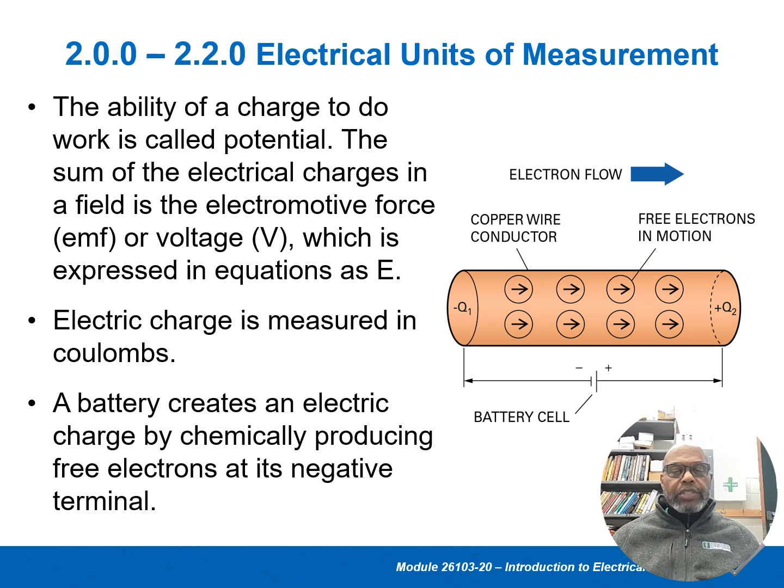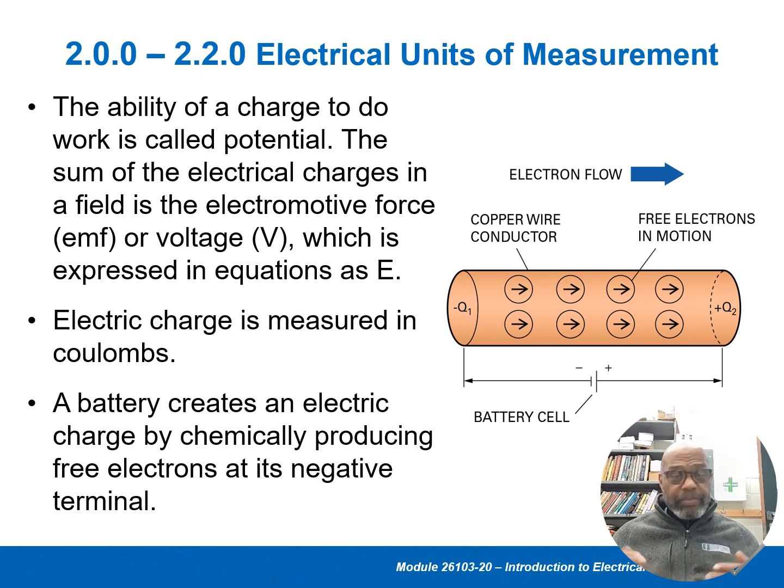Electrical charge is measured in coulombs, in other words, the flow of electrons through a wire. And a coulomb is a really huge number, like a quintillion, with 18 zeros behind it. As the electrons are flowing, a lot of electrons are moving in a very short time.